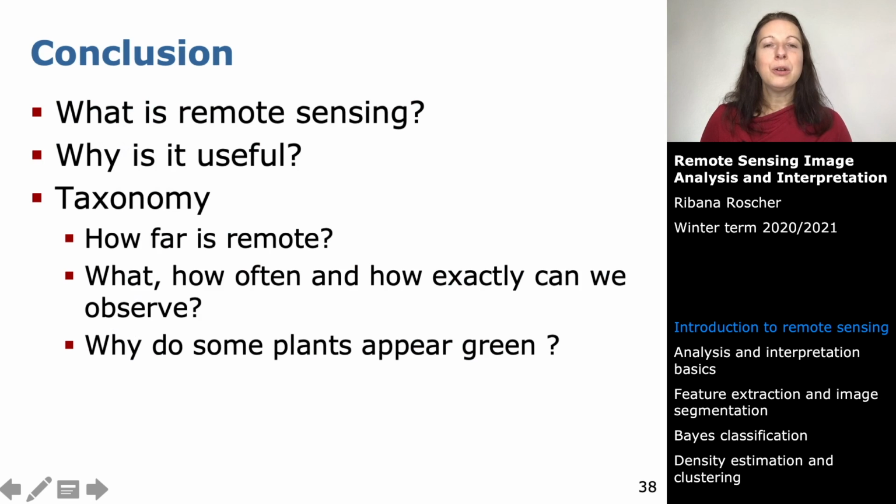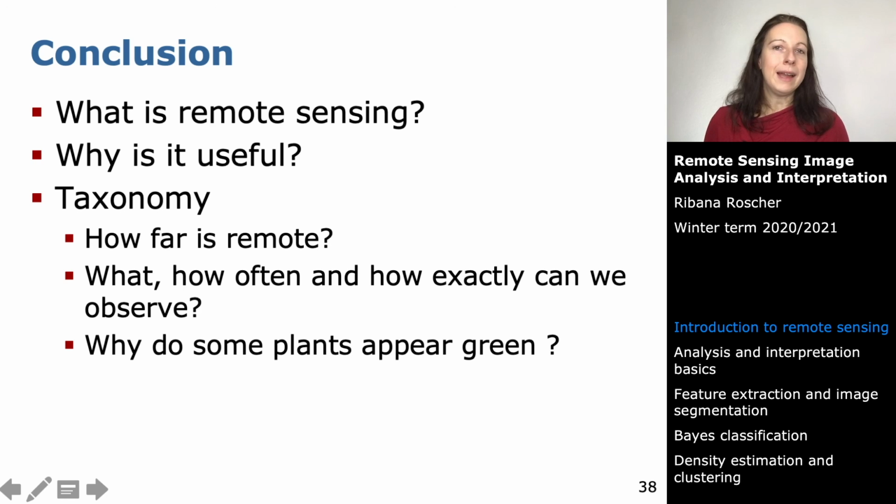Okay, so let me conclude. What did you learn today? Today I told you what remote sensing is, and now you know it's not only satellite remote sensing. We also talk about remote sensing when we have close range applications. The only thing is you're not allowed to touch it, because then it's not remote sensing anymore.